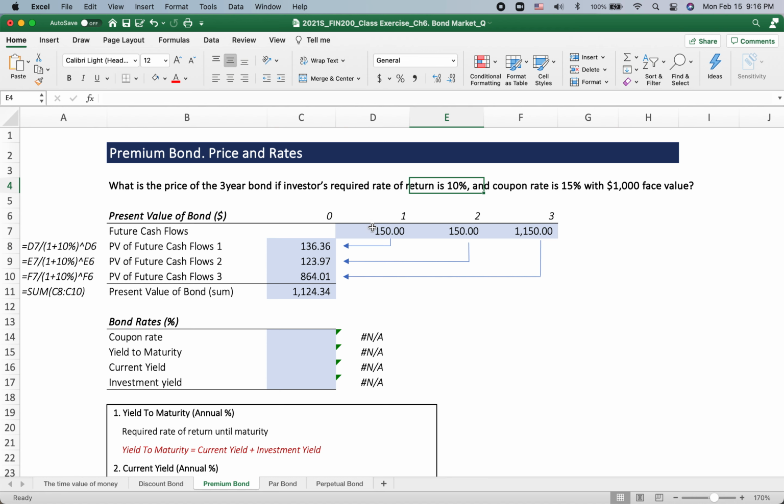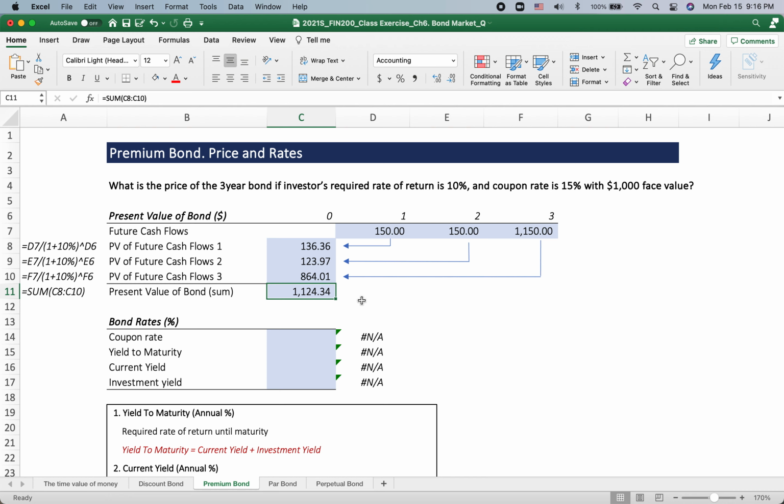Why? Because you receive a 15% coupon rate with this $150 every year, which is higher than the required rate of return, 10%. Even though you require 10%, you receive 5% more every year, right? But you receive only the $1,000 face value at the end of maturity, even though you purchased at 1,124.